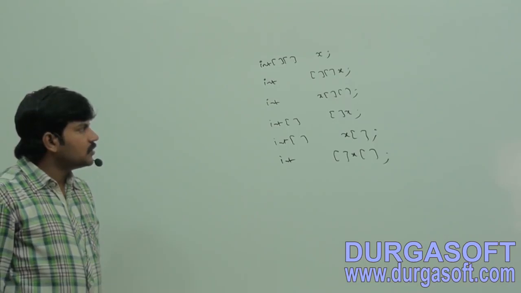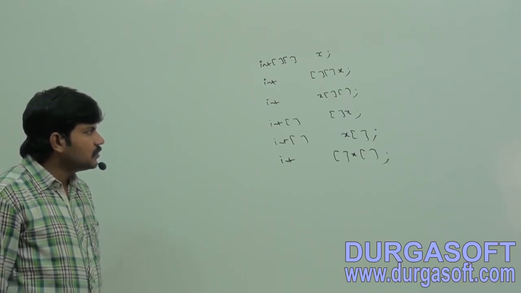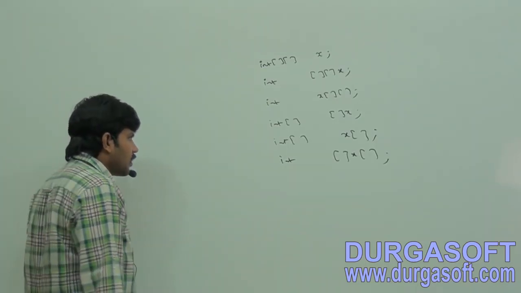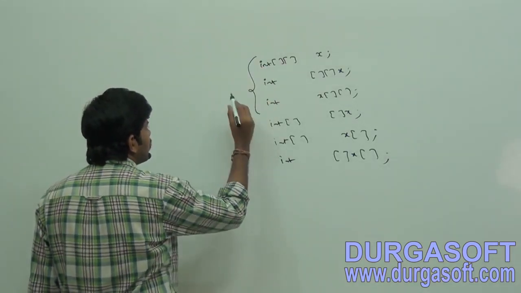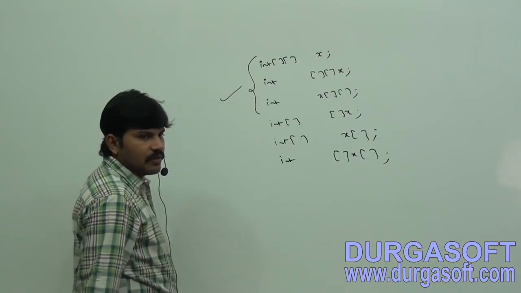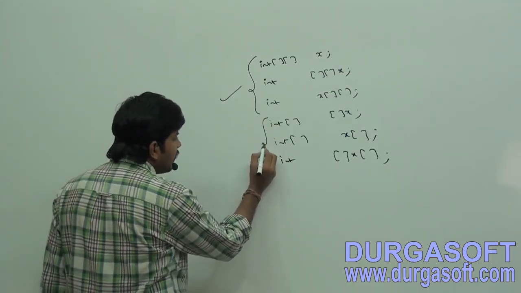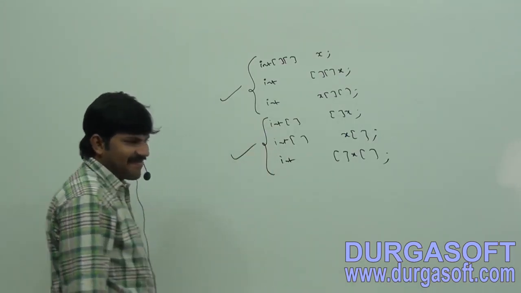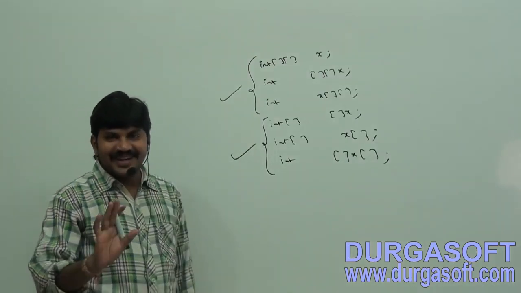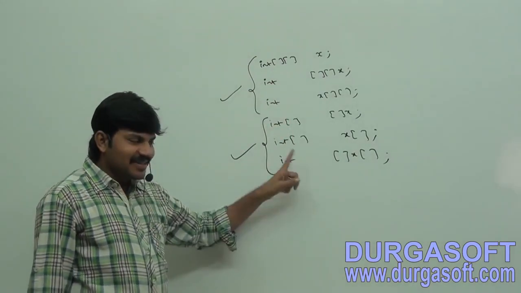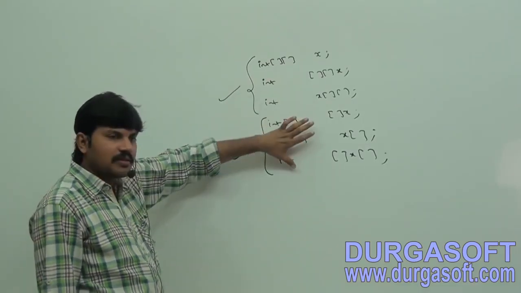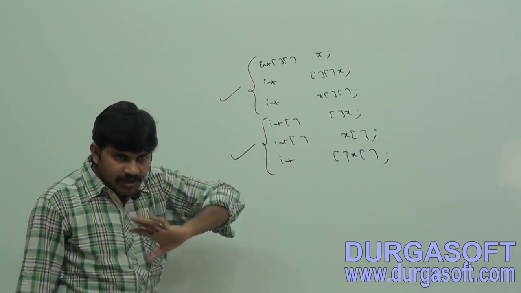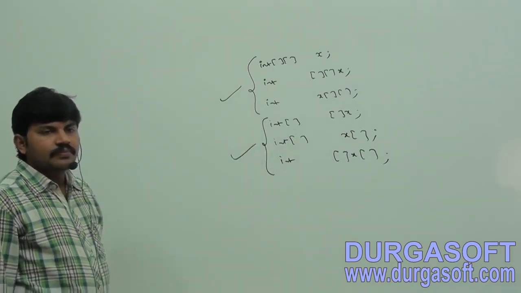First, 100% correct. Okay, first 3 are valid. Next 3 are also valid. Whether we are using the space or not using it, all these are valid two-dimensional arrays. First 3, next 3 also, all are valid. Don't keep any doubt, take all.